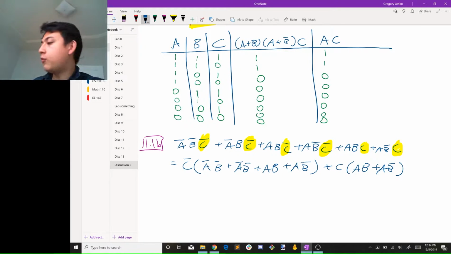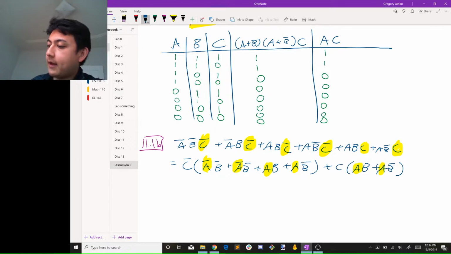And now we're stuck again, but we can just do the same thing we did last time and factor out something else. There's a lot of B's or A's, it doesn't really matter. Maybe we'll do the A's. So let's factor those out.